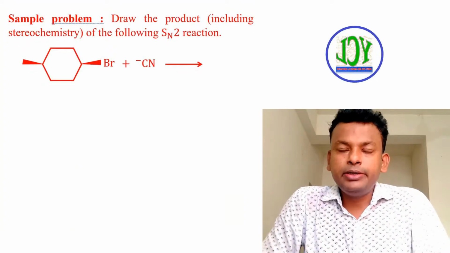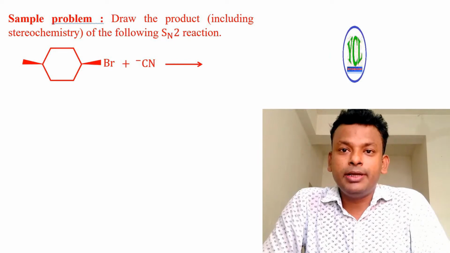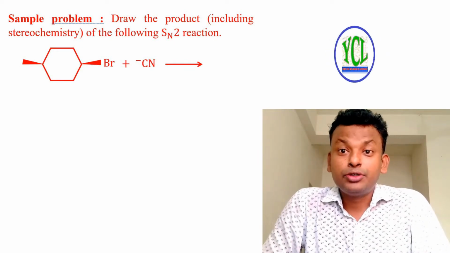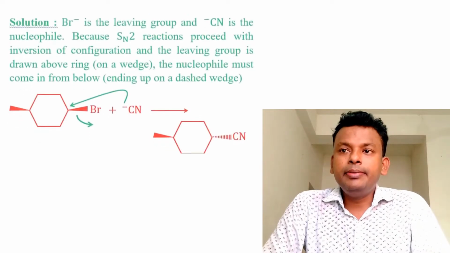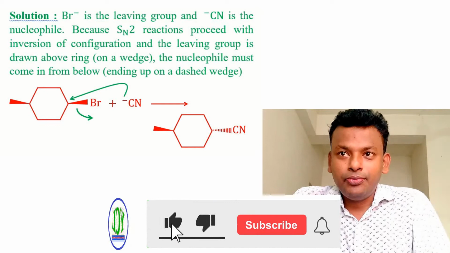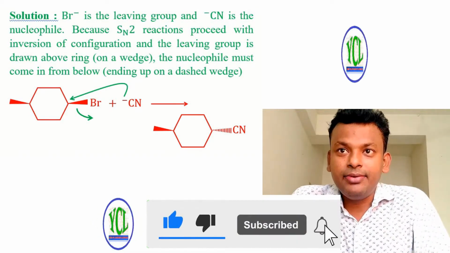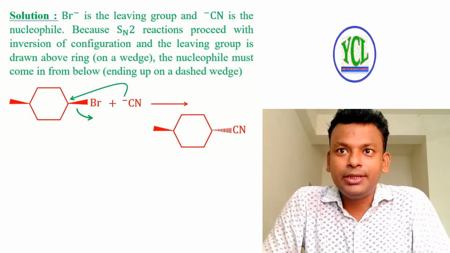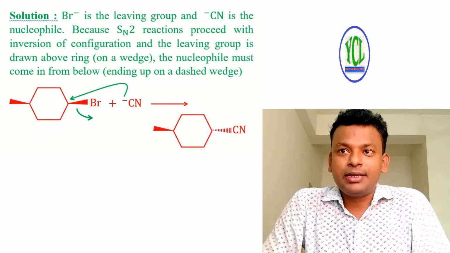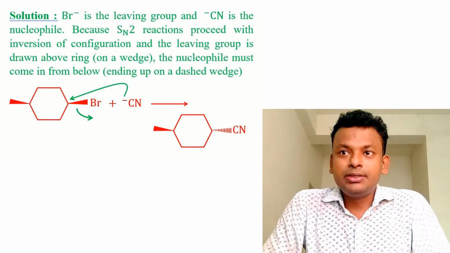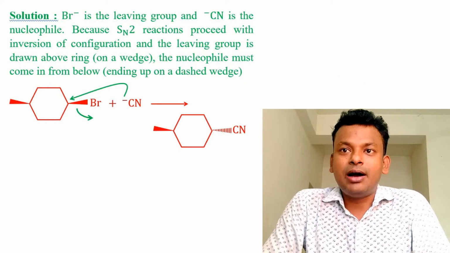Draw the product including stereochemistry of the following reaction. In the given reaction, Br negative is the leaving group and CN negative is the nucleophile. Because the SN2 reaction proceeds with inversion of configuration, and the leaving group is drawn above the ring on the wedge, the nucleophile must come from below, ending up on the dash.